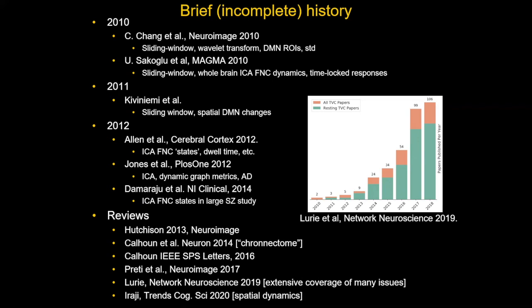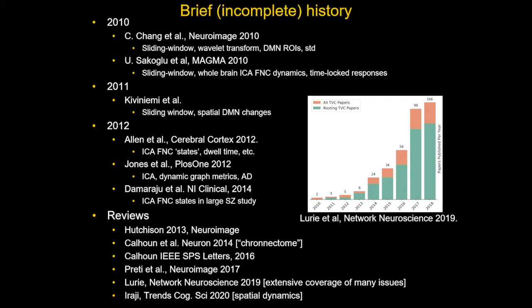In 2014, my review introduced the term connectome, just yet another abuse of the omic notation. And then there's a paper by Dan Lurie that I'll highlight, which gives a really extensive coverage of many, many issues in the field. Finally, Armin Iraji's paper covers spatial dynamics, and I'll cover that a little bit later in the talk.